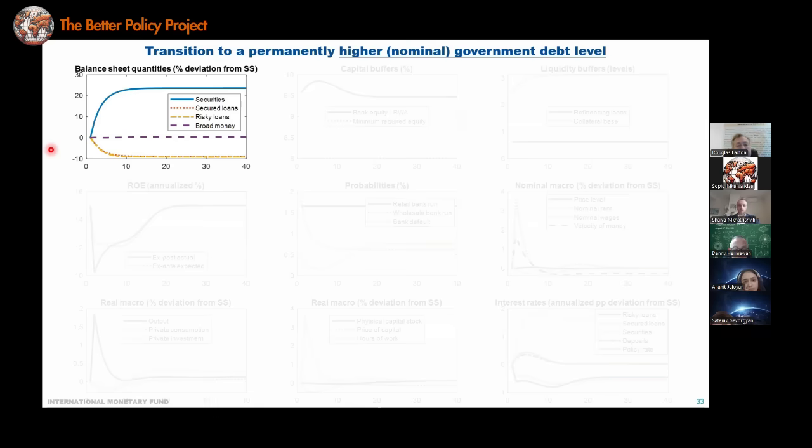But if future primary surpluses are not adjusted, then it must be the price level that has to adjust. But in the model, we somehow bridge those two views. We bridge them by endogenous money creation. Because in this model, we assume that it's banks that hold government securities, which is true in many countries, but may not be true in some countries. In those countries, another interpretation will be relevant, but it has a qualitatively similar flavor.